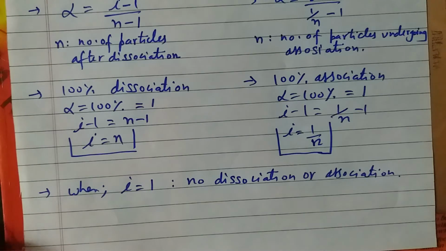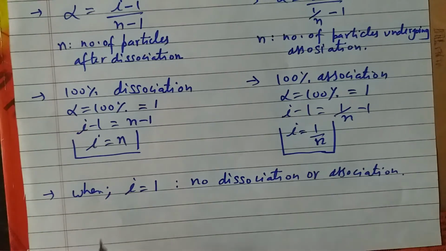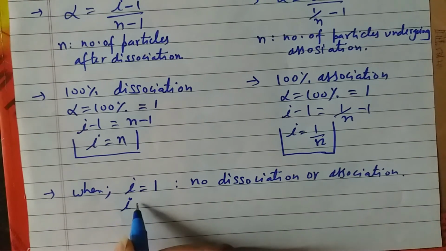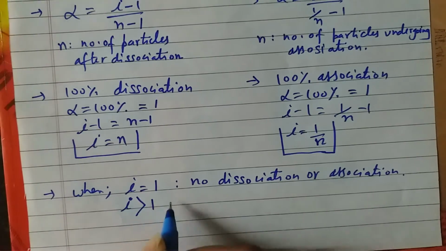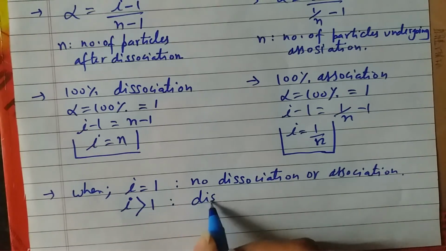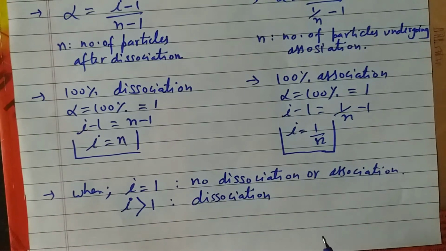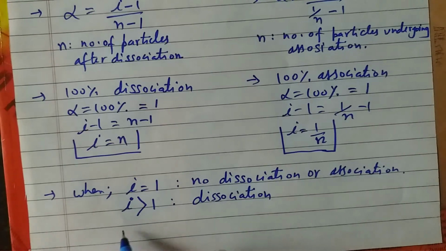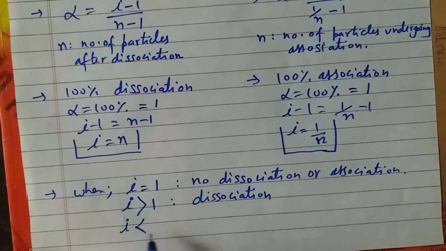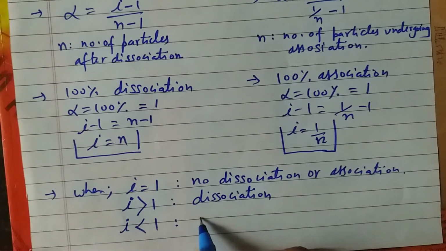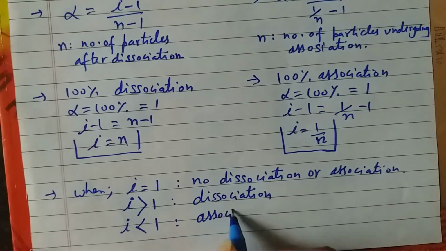When the value of Van 't Hoff factor is more than 1, then this is the case of dissociation, or you can say whenever there will be dissociation taking place in the solution, Van 't Hoff factor will be greater than 1, and whenever the value of Van 't Hoff factor is less than 1, then this is the case of association.